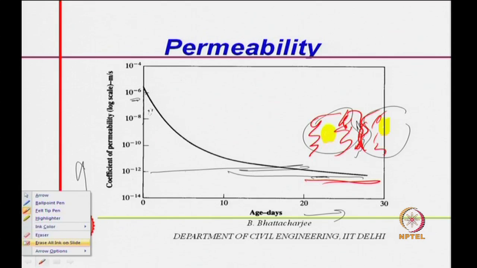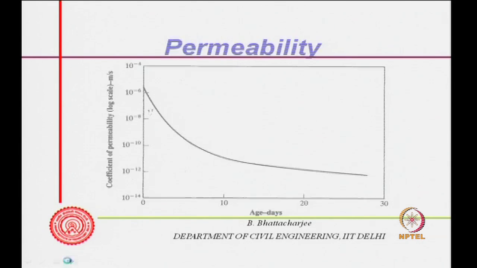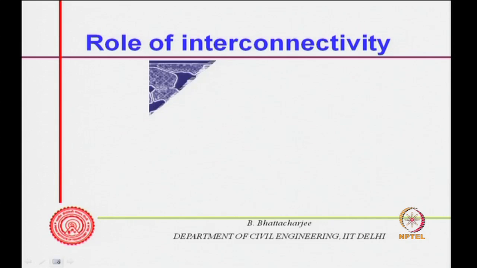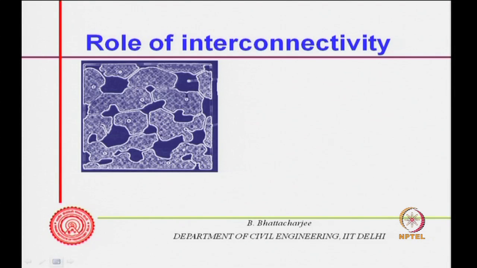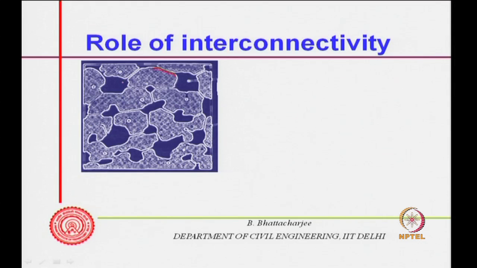So, what we have seen so far, permeability is a function of porosity, water cement ratio obviously, capillary porosity, and with the age it reduces, it is also a function of age because of the segmentation. This we can understand from this diagram. For example, consider this one, the pores are all interconnected through these ones, these are your capillary pores, they are interconnected.